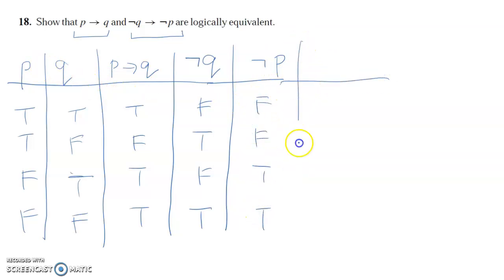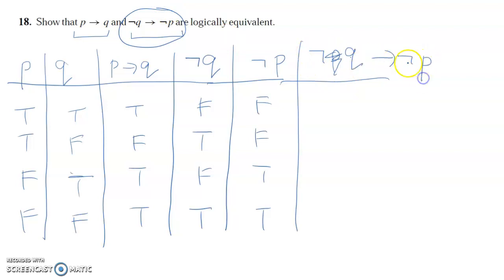Our very last column is going to be if not Q, then not P. I'm looking at these two columns and going to the right. If false, then false, that's a true statement. If true, then false, this is a false statement. That's true, and lastly, this is true.